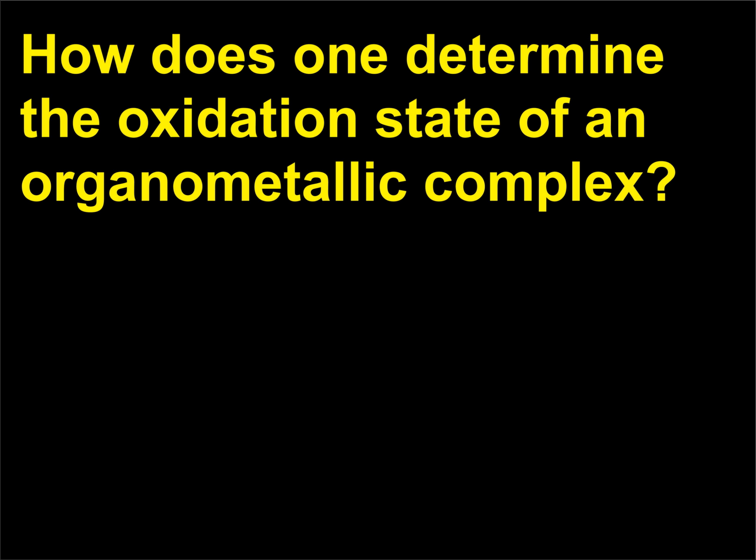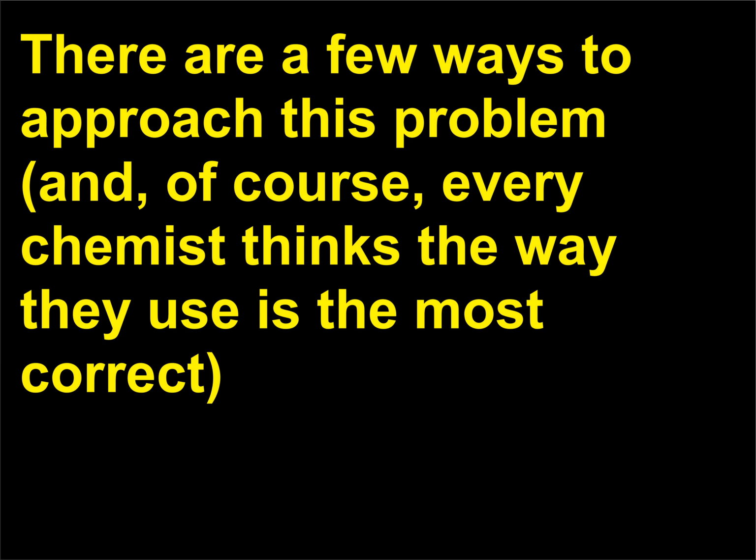How does one determine the oxidation state of an organometallic complex? There are a few ways to approach this problem, and, of course, every chemist thinks the way they use is the most correct.